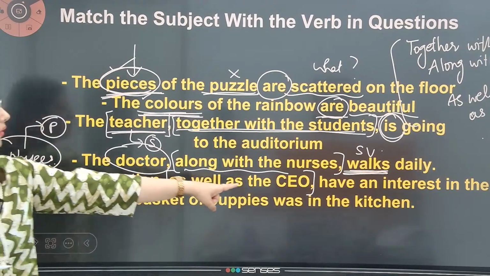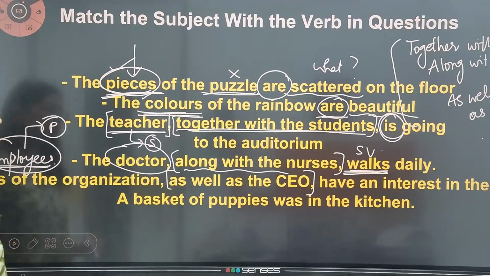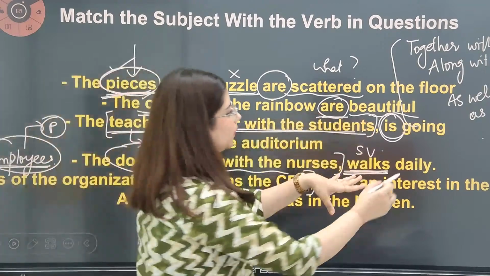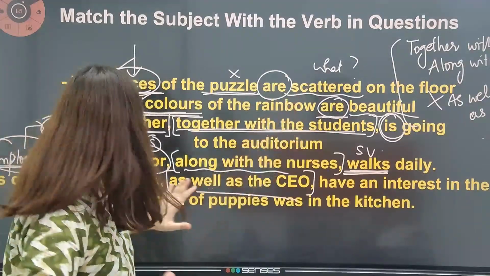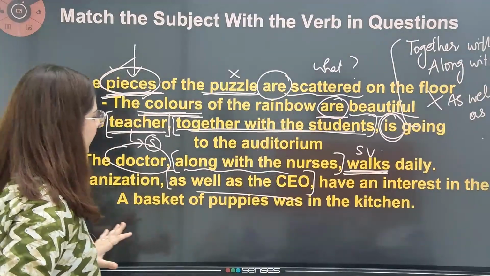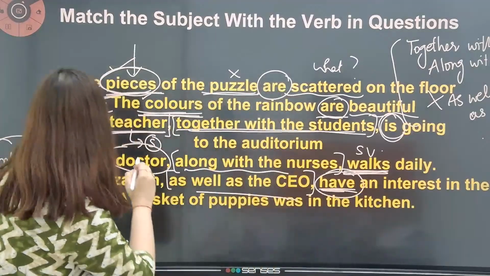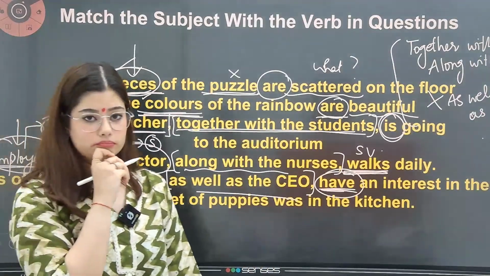So I am going to consider a plural verb form here. Employees of the organization as well as the CEO. I'm not going to consider as well as additional information. I do not care about that information. Employees of the organization as well as the CEO have. Why have? Because our main subject here is plural in nature.